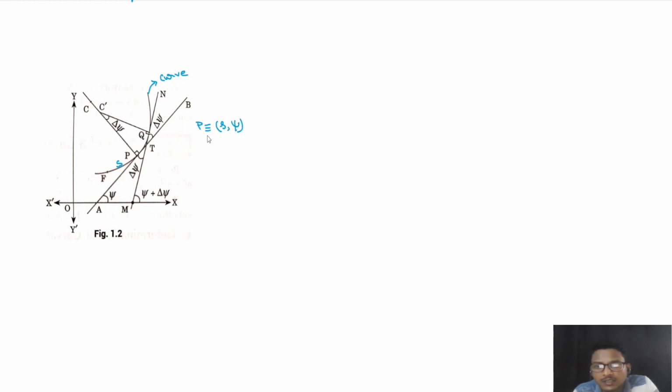That means its arc length distance from the fixed point F is s, and its tangent at P makes angle psi with the positive x-axis, and similarly the coordinates of Q are (s plus delta s, psi plus delta psi). Okay.